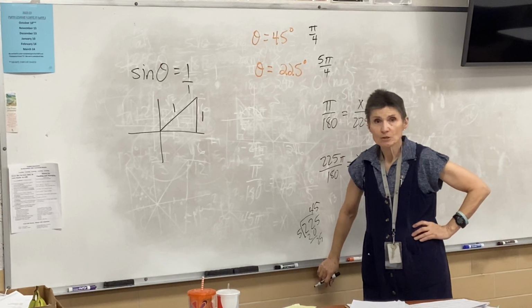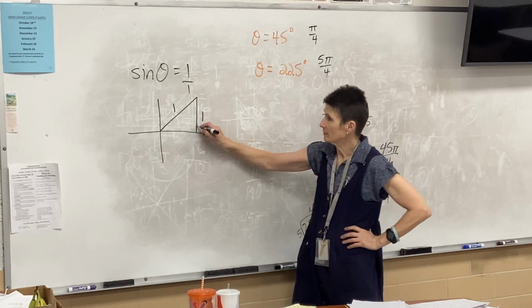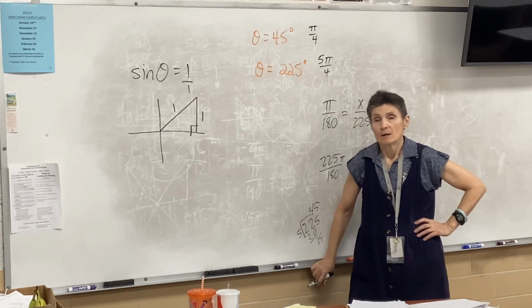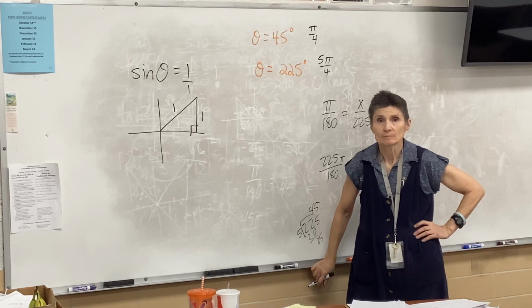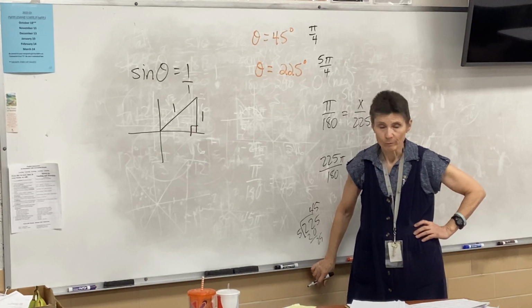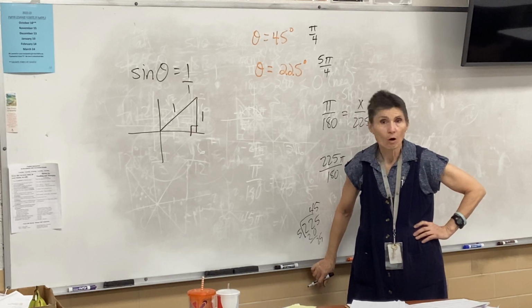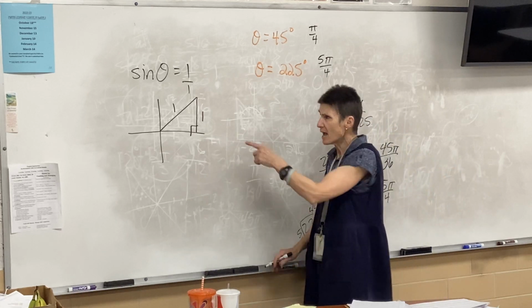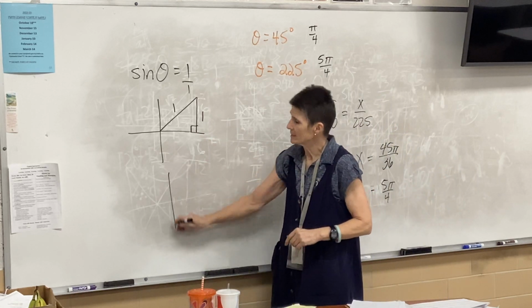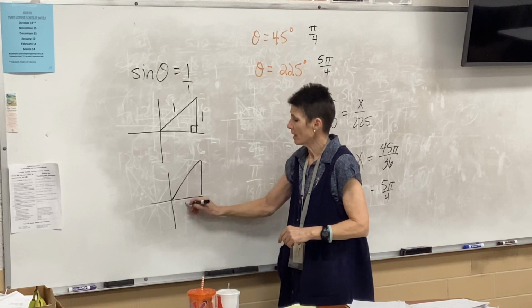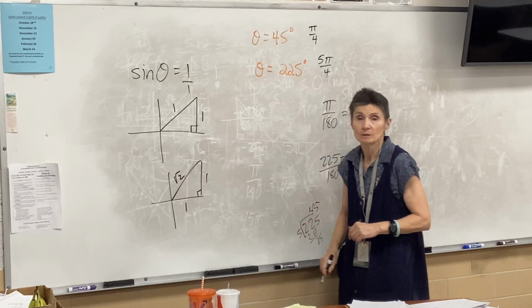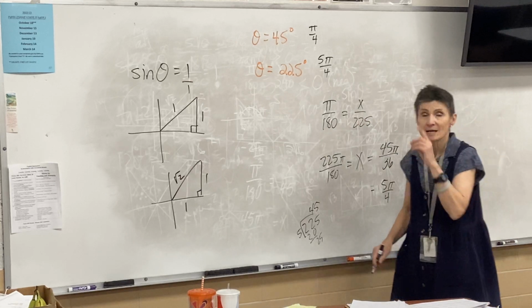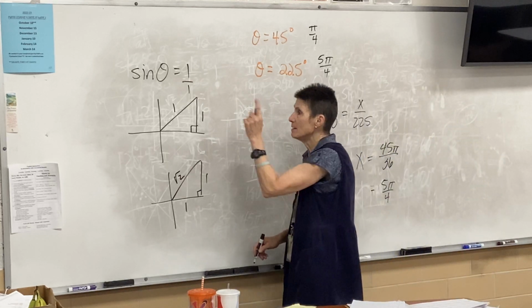Can you make a right triangle where the hypotenuse is the same as the side? No. The hypotenuse is always longer. So if you're thinking, yeah, that's one of our special triangles, no, it's not. Our special triangle has sides that are 1 and the hypotenuse is root 2. The hypotenuse cannot ever match a side.